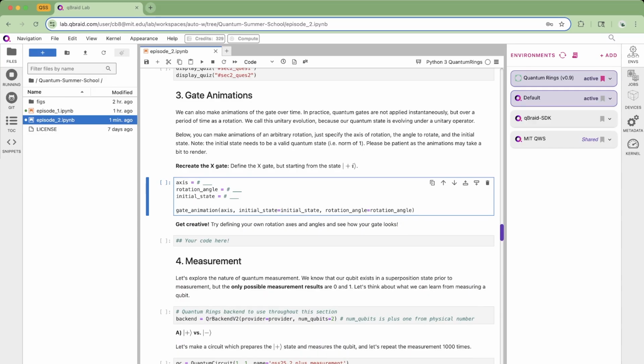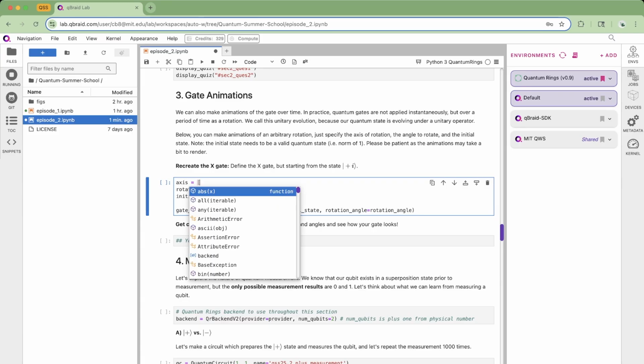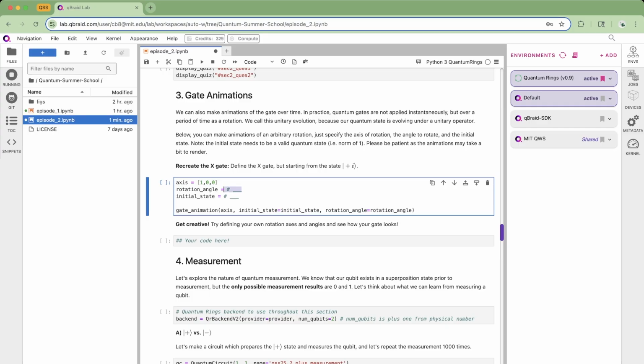For example, we can recreate the X gate, but start from the state plus I. Our axis of rotation is going to be the x-axis. Our rotation angle for an X gate is 180 degrees. And our initial state is going to be 1 over square root 2 and I over square root 2.